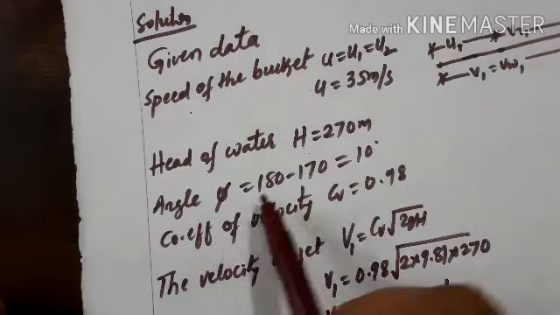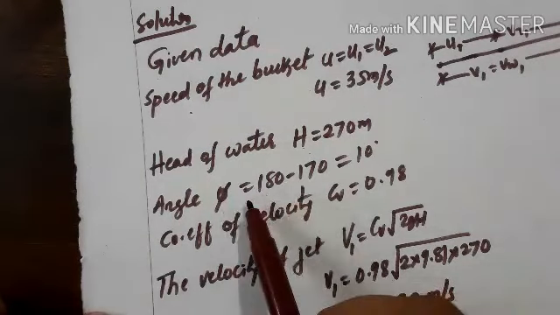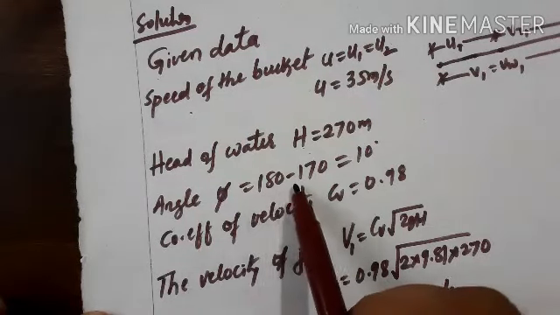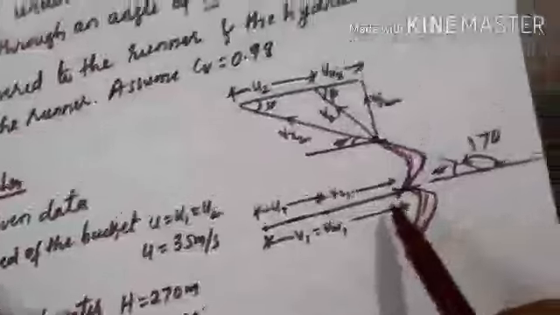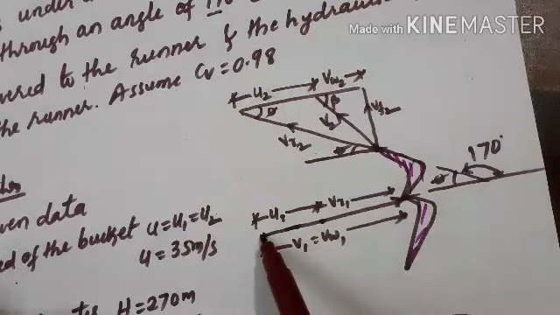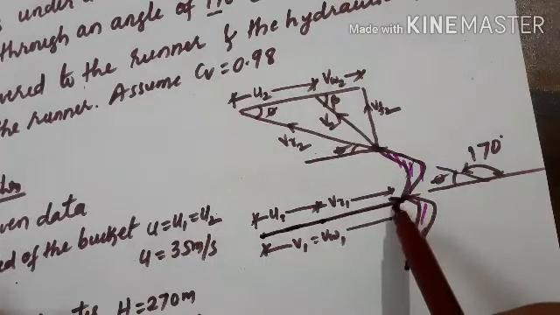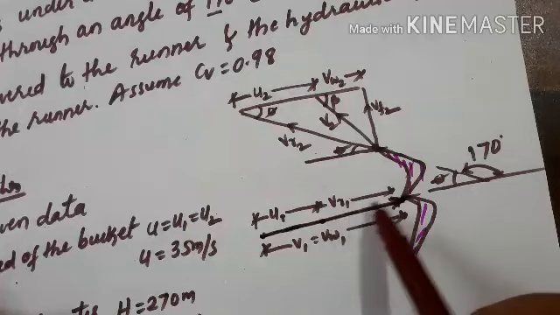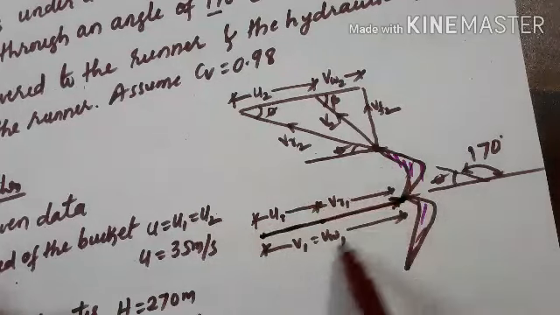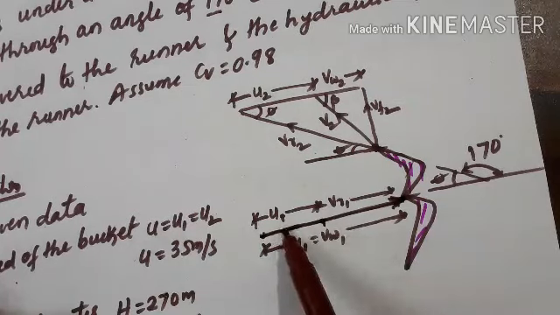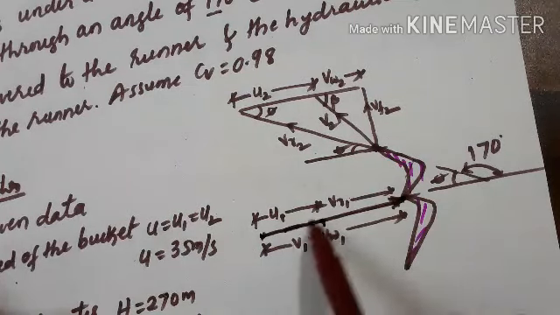Then the angle of vane at exit, that is 180 minus 170. Means this is the bucket. So the jet is striking at the center of the bucket, that is at the splitter. Then this straight line represents the inlet velocity triangle, then that is u1. This you know how to mark.